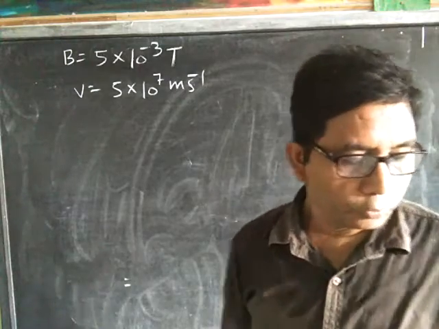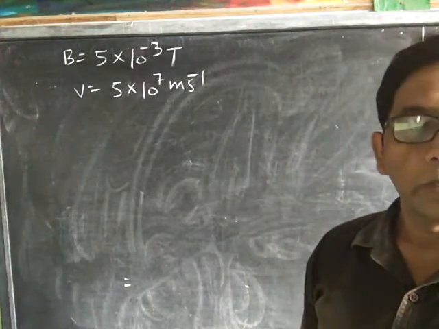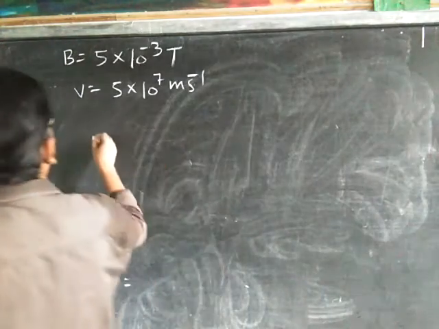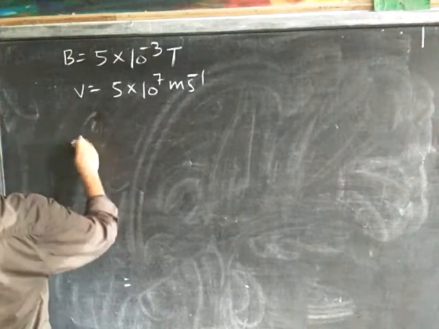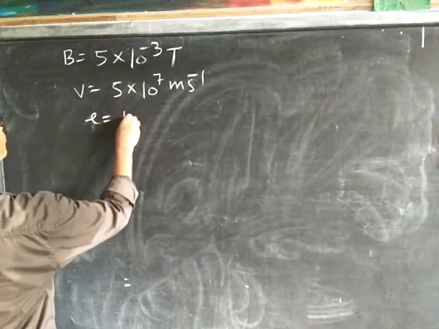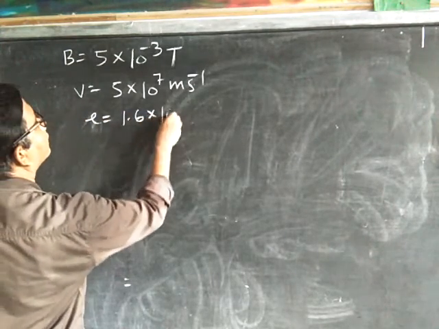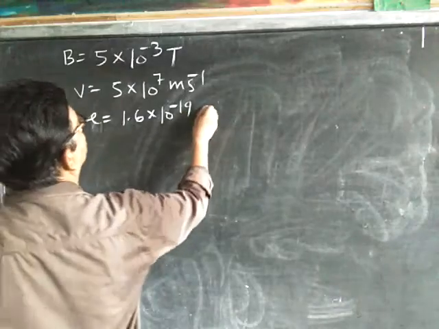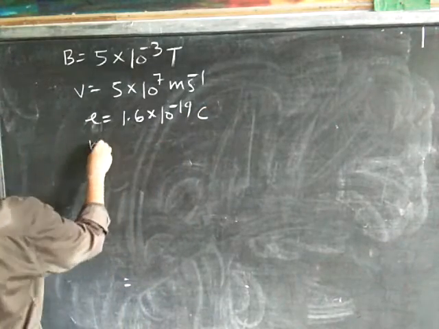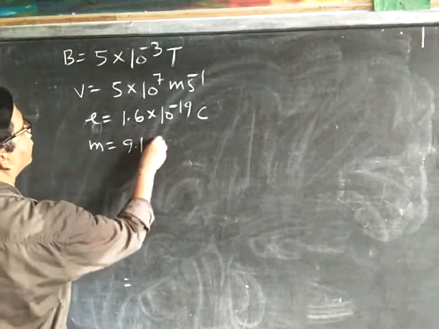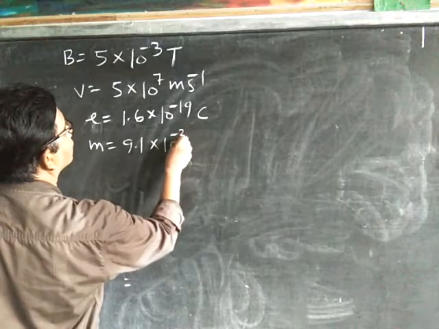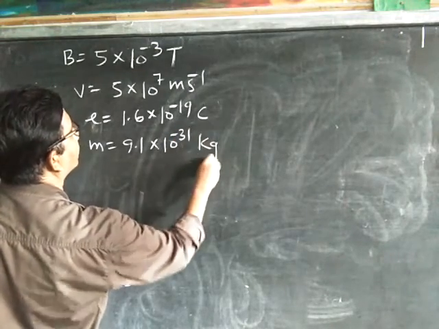Now we know the charge on the electron is 1.6 into 10 power minus 19 coulomb, and the mass of the electron is 9.1 into 10 power minus 31 kilogram.